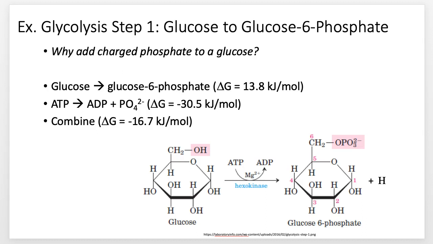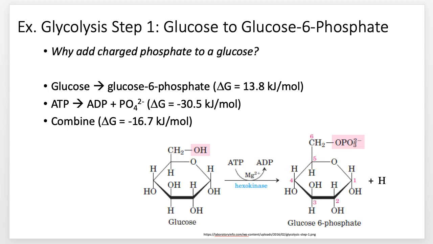And so the problem with that is it can enter and it can also exit, right? And so we don't want equilibrium. Once we get our glucose into the cell, we actually want it to stay in there. And so if we add a charge to that, that does two things.